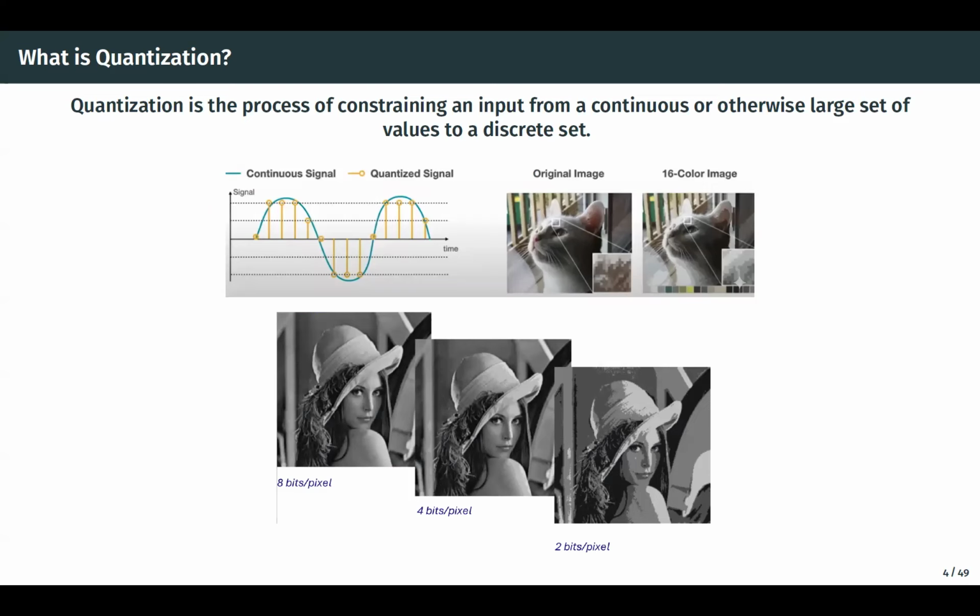Formally, we can define quantization as the process of constraining an input from a continuous or otherwise large set of values to a discrete set of values. For example, if you are a photographer, you take a high quality image, and it's usually very large.